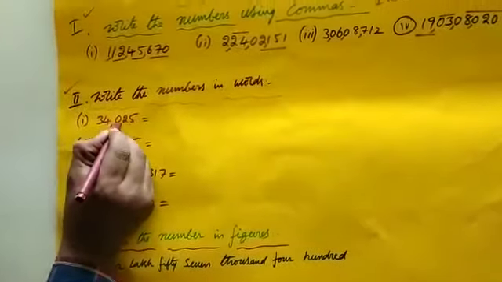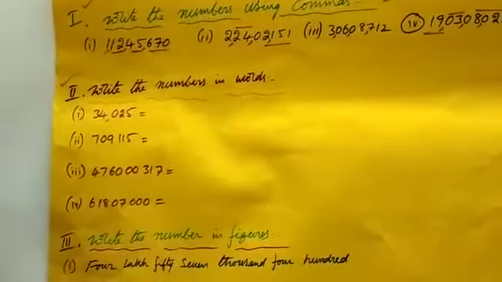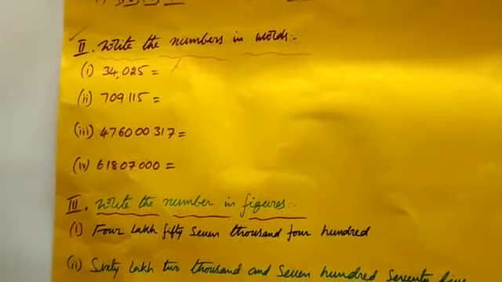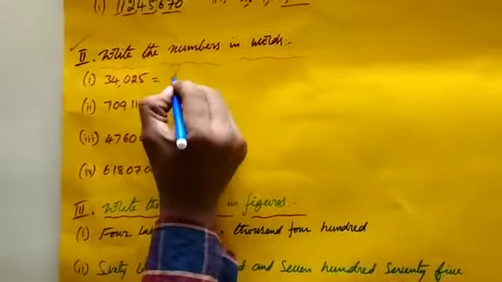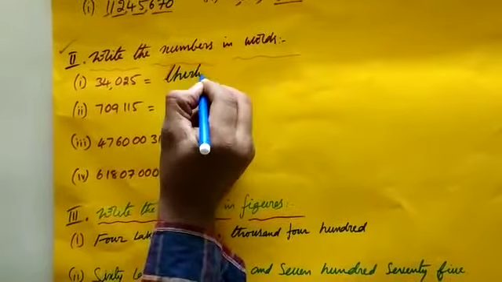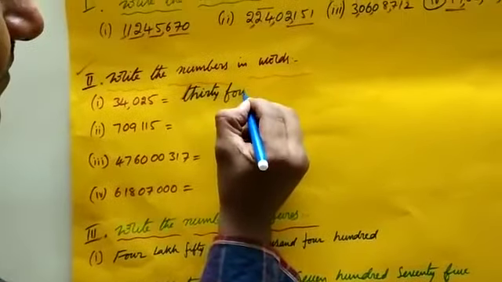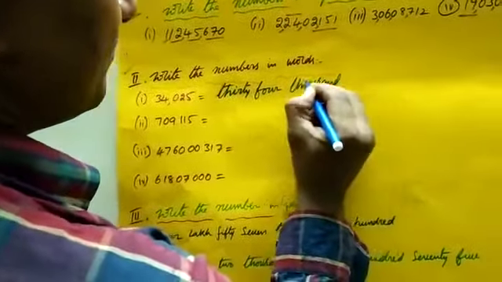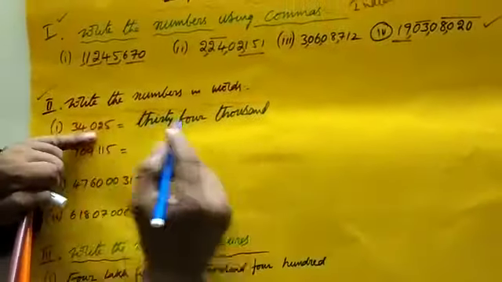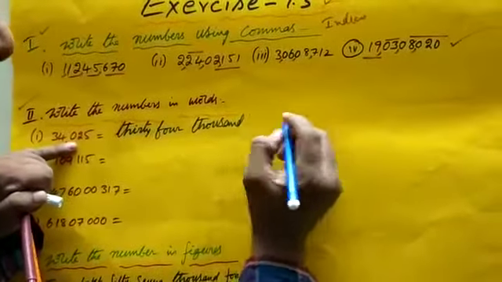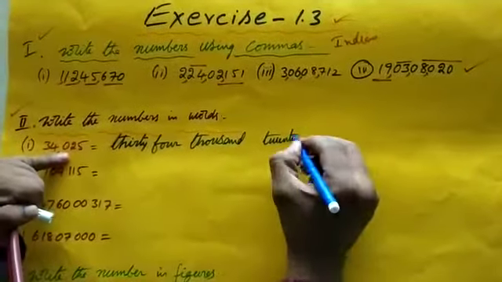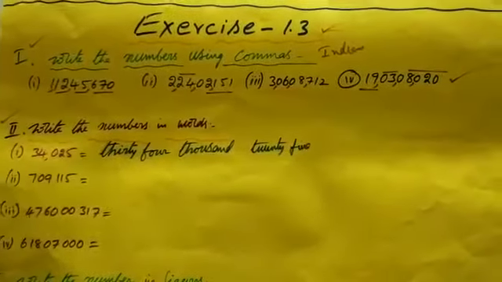For example, 34,025: 34,000 and 25, so 34,025.